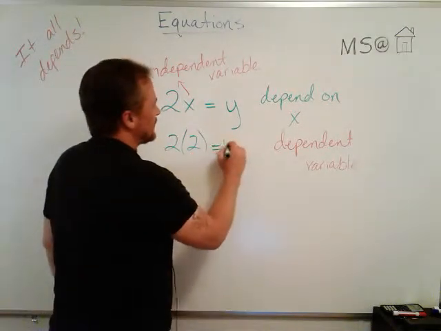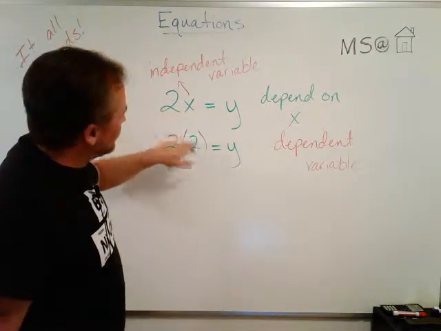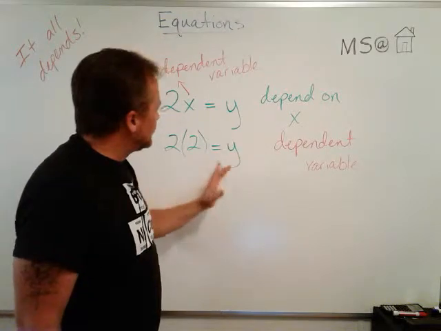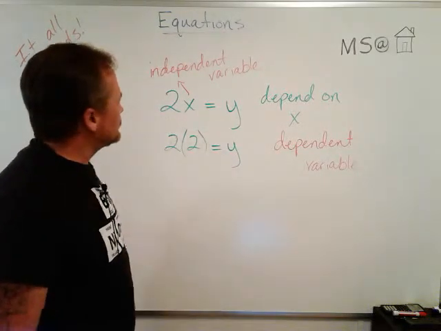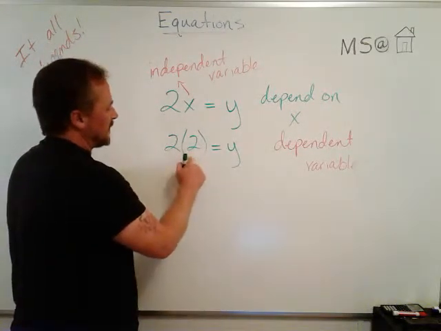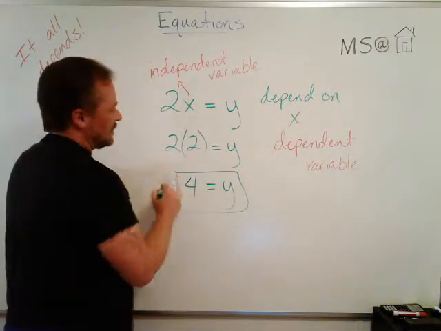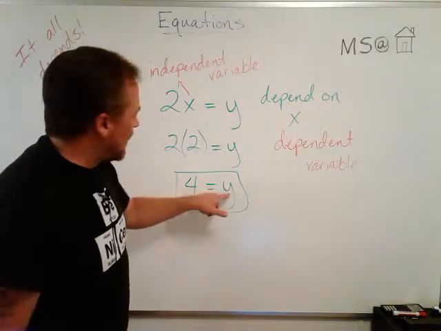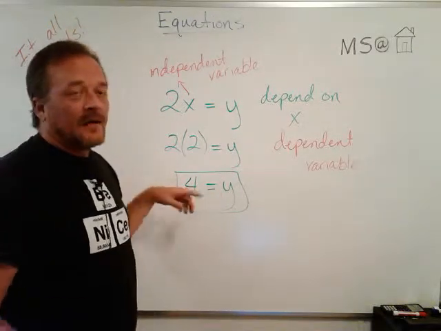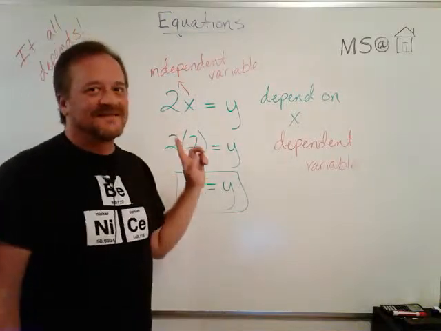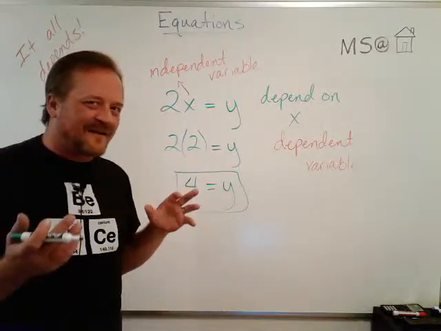So my question then is, if x is 2, then what's y? Because the value of y depends on what happens right here. And if I multiply 2 times 2, this statement right here tells me that y's value is 4. And y only gets a value once I'm finished messing around with x. Okay? With me so far?